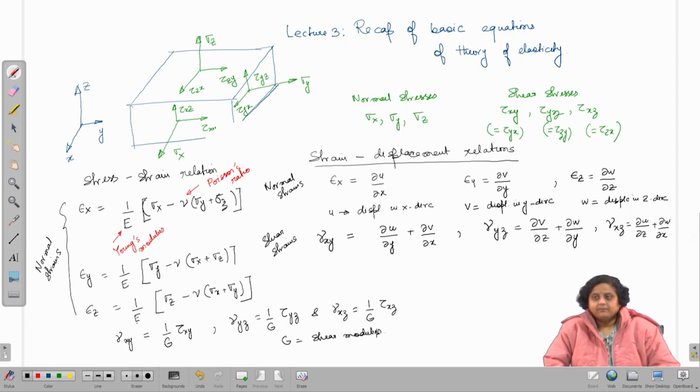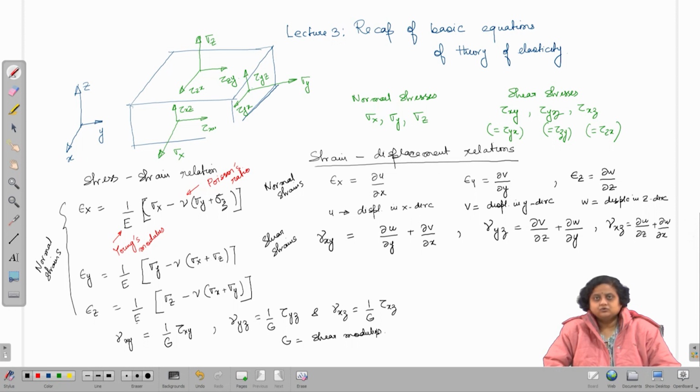So, in summary, we can say that the 3 equilibrium equations that we have derived, the 3 boundary conditions, the 3 compatibility conditions and the 6 stress strain relations are the ones that we need to keep handy whenever we are going to solve a problem pertaining to aerospace structures.